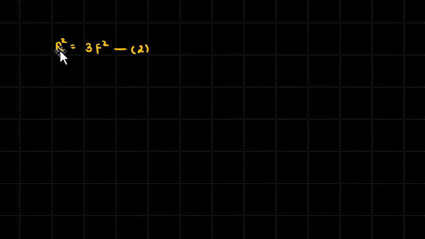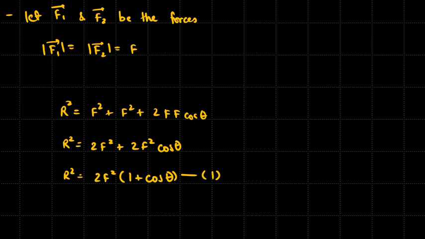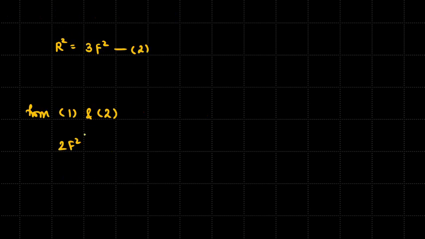Let's go back and continue. Now let's compare the first one and the second one. From equations 1 and 2, we have 2f squared times (1 plus cos theta) must equal 3f squared.